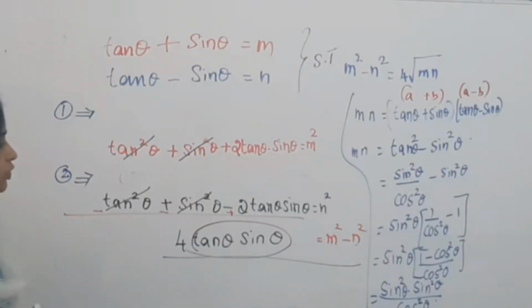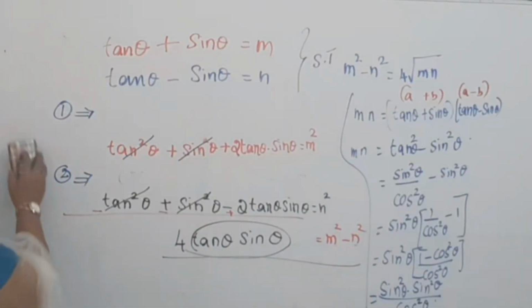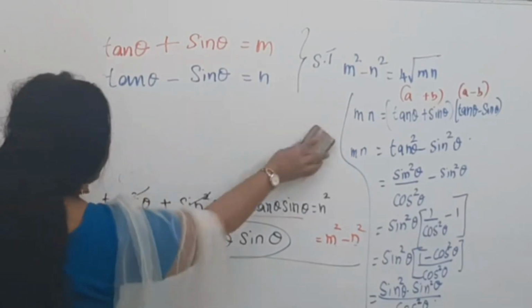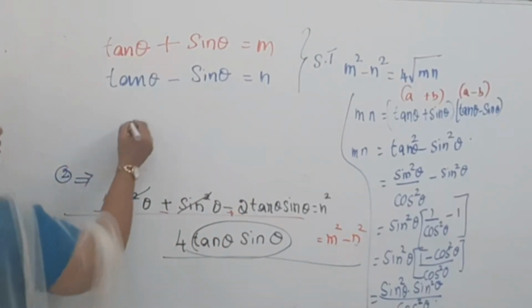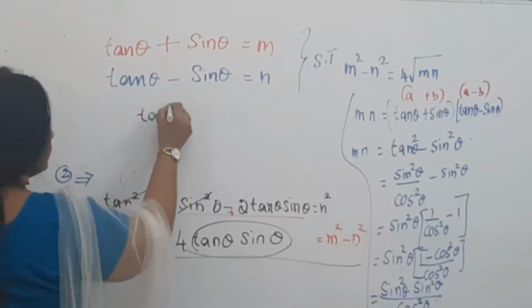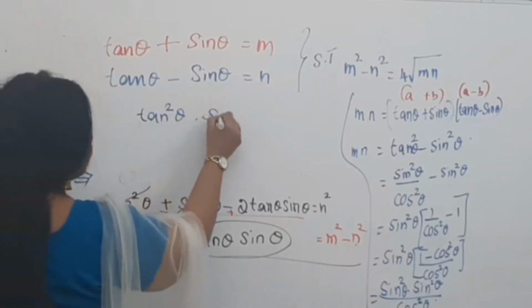So I substituted. Now sine square theta by cos square theta is equal to tan square theta. That is tan square theta into sine square theta.